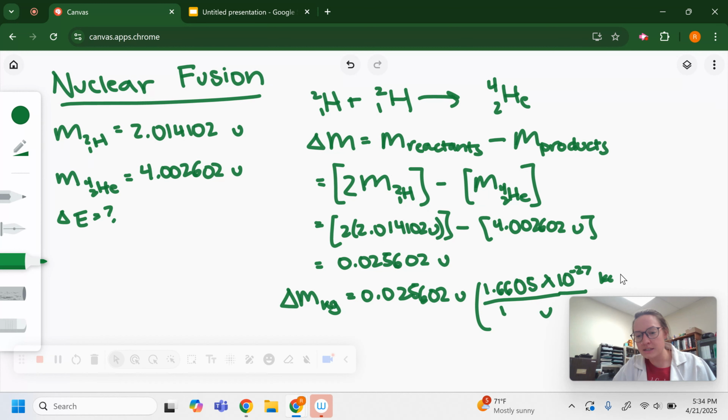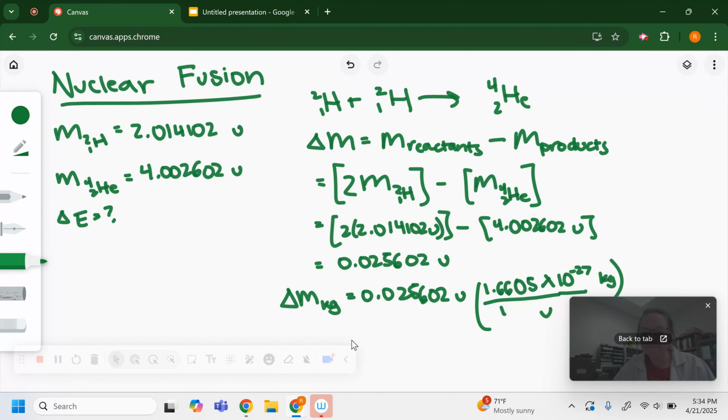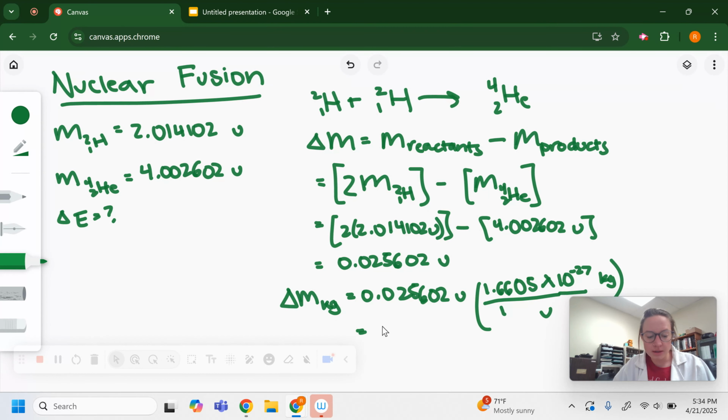And that's the mass of one little proton in carbon, you'll remember. Plug that into your calculator, and you get a number like 4.2512 times 10 to the negative 29th kilograms. But we are not yet done.